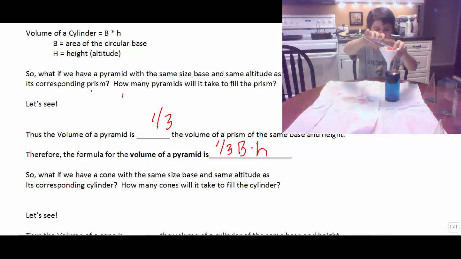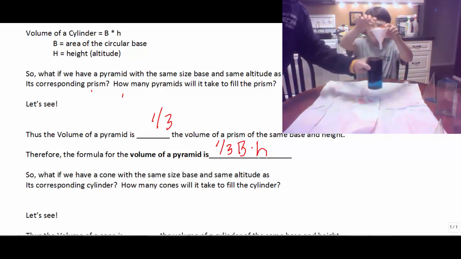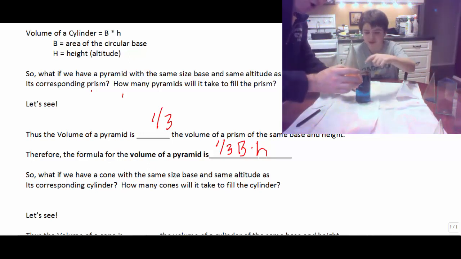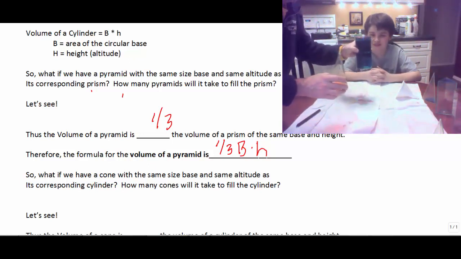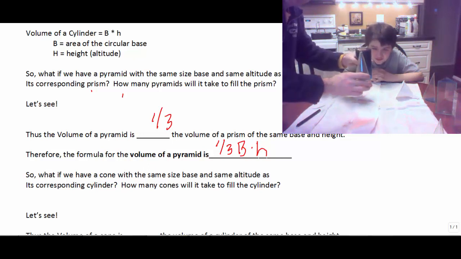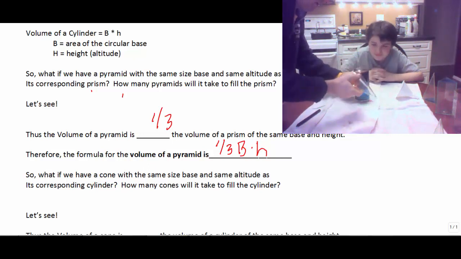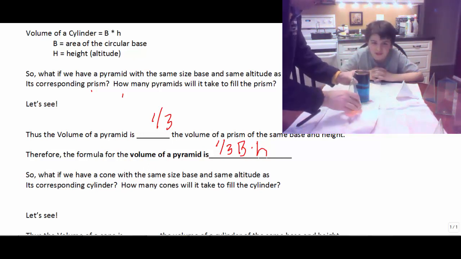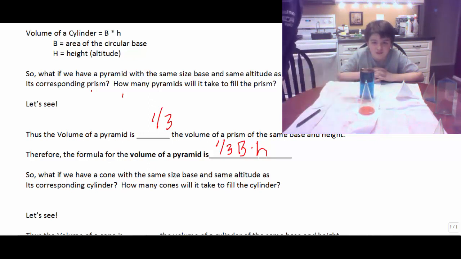So we did have an overflow. Air bubbles. A cylinder of the same base and height gives us 3 cones to fill the cylinder.